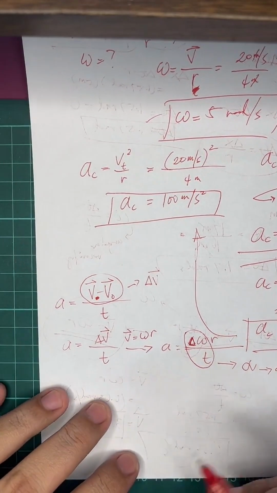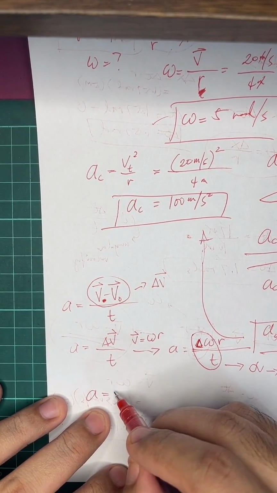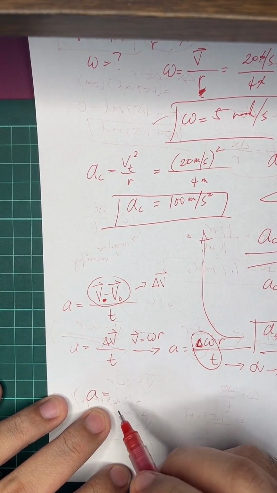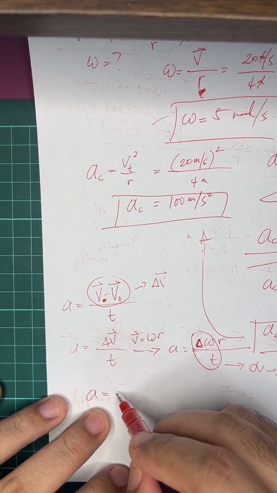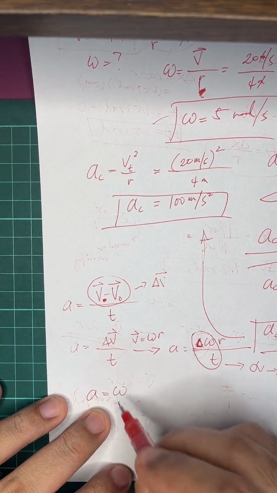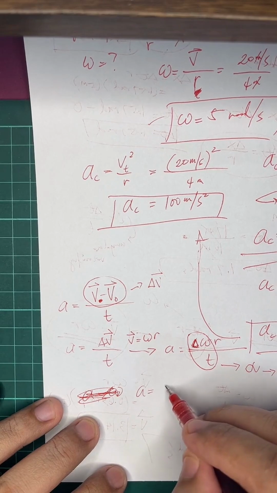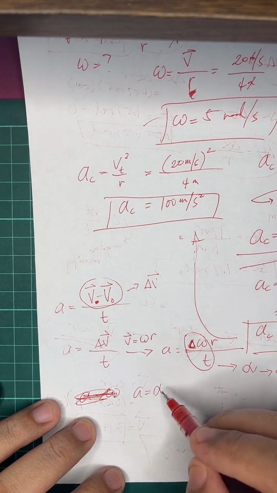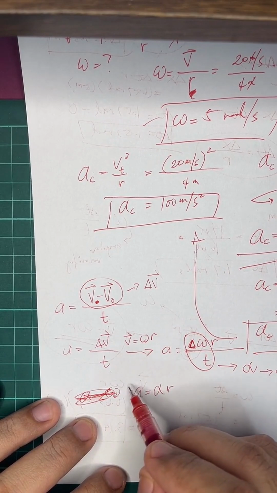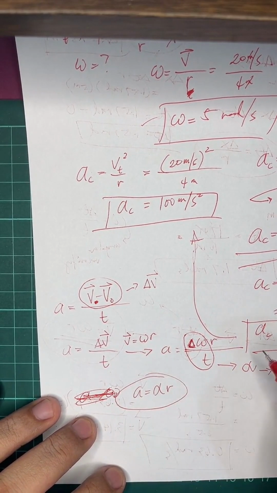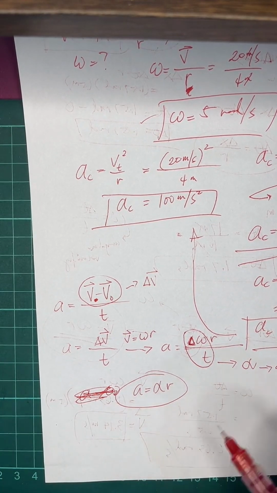If we have a linear acceleration, A, and we wanted to convert it into an angular acceleration, we can convert it directly. Let me correct that. A is equal to alpha R. That would be our final form. And this shows the relationship between linear and rotational acceleration.